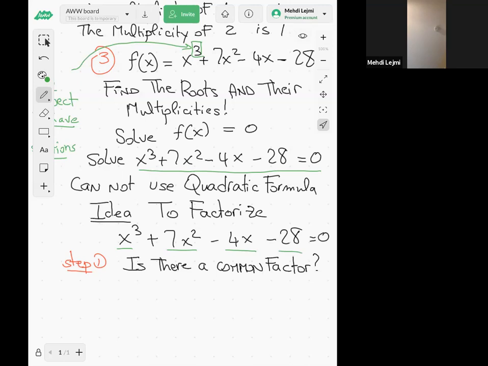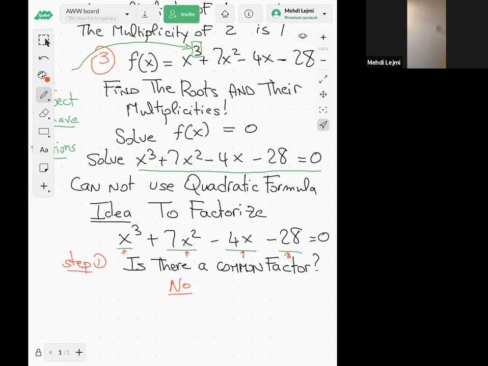So here the answer is no. Well, here there's an x, here's an x, here's an x, but here, minus 28, there's no x there, right? So there's no real common factor here.